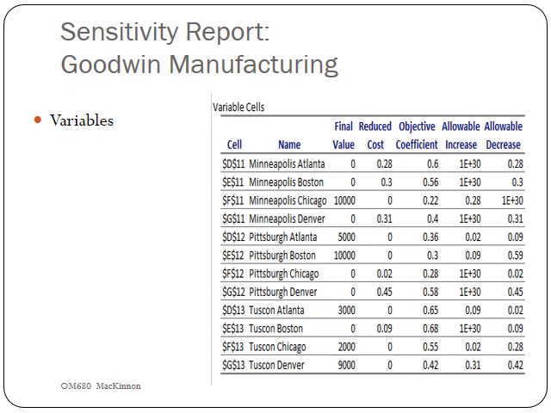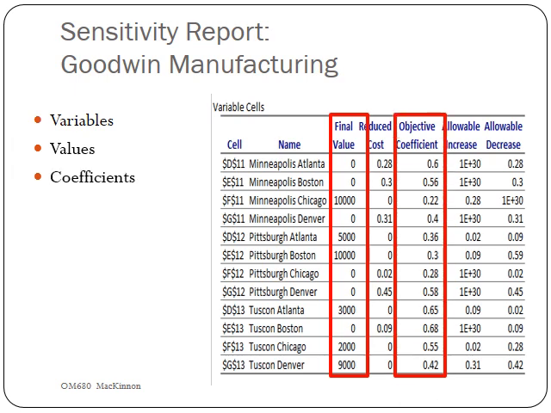So here is the sensitivity report for Goodwin Manufacturing. This is the top of the sensitivity report that outlines the variables. So what do we have? We have the values. These are the decision variables and their values that solver comes up with for our optimal solution. We have our objective coefficients. These are essentially the costs that are in the cost matrix in our transportation example.